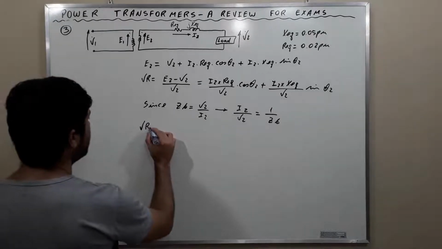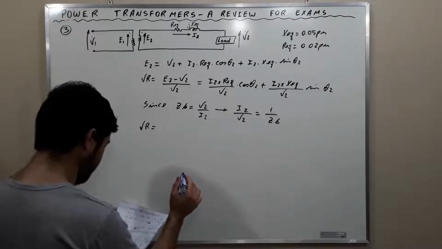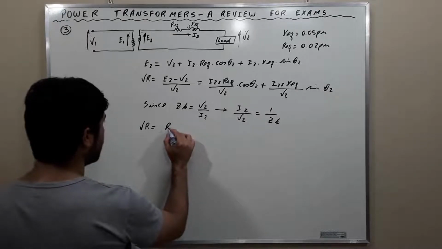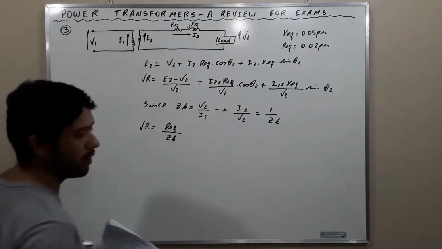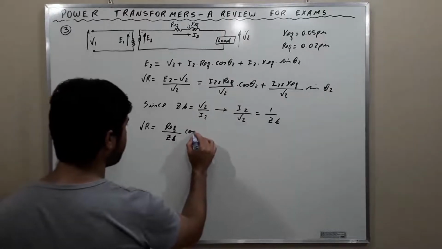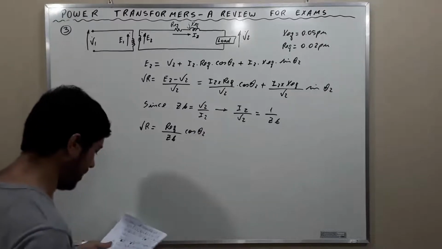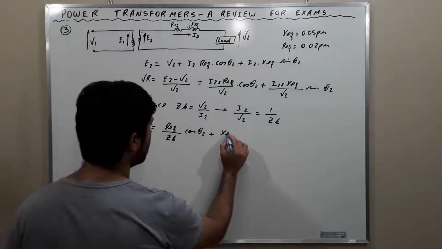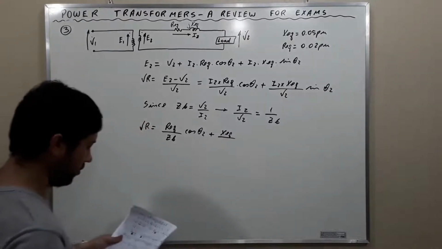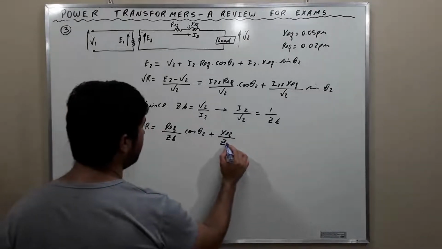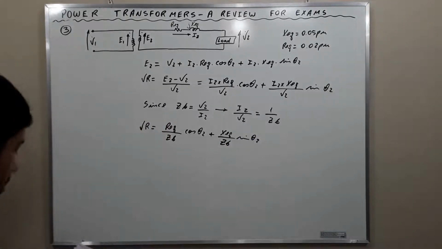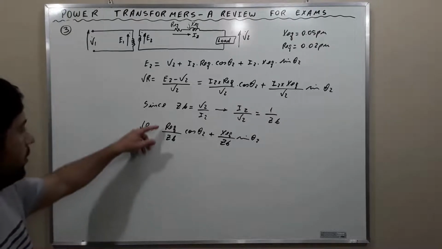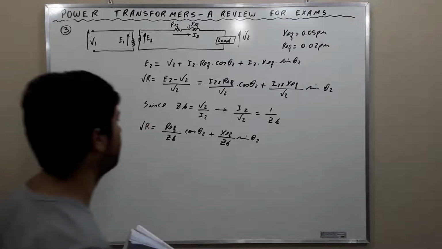The voltage regulation is going to therefore be the equivalent resistance divided by the base impedance times the cosine of the angle plus the equivalent reactance divided by the base impedance times the sine of the angle. Okay?